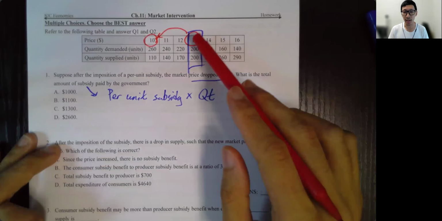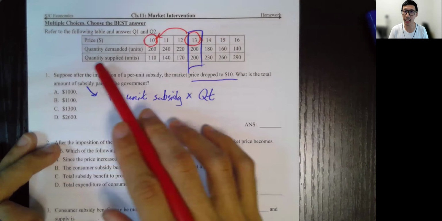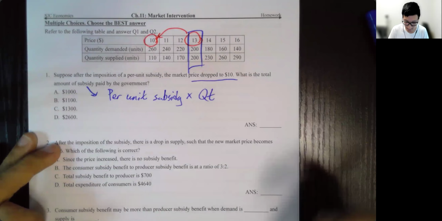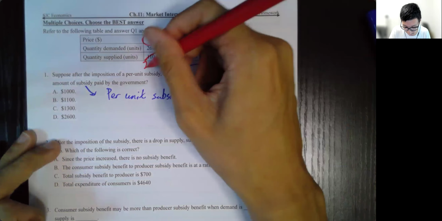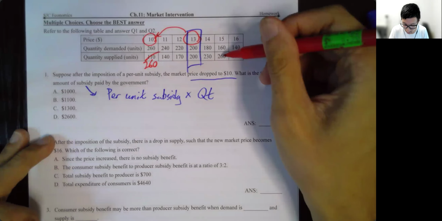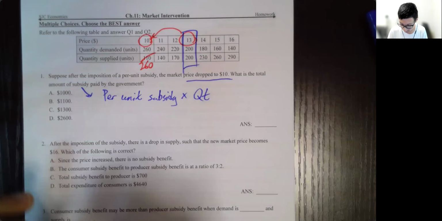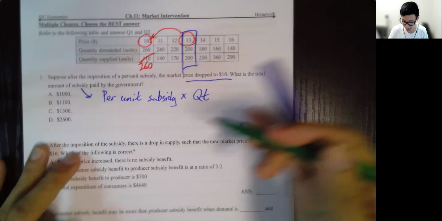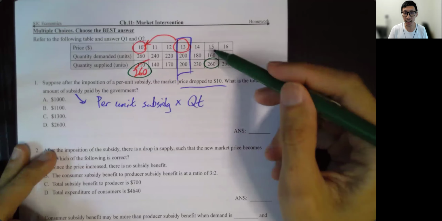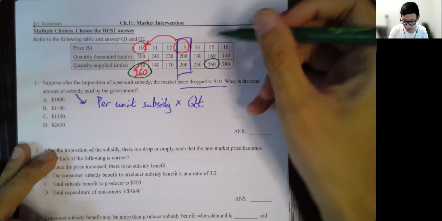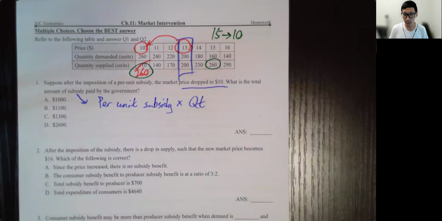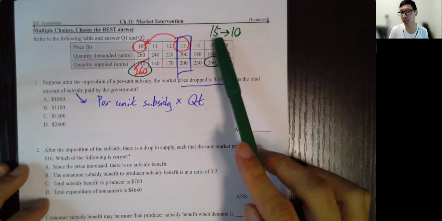Now, if you remember, with a subsidy, it's going to shift the QS column. In fact, this is the supply column. Therefore, we need this to become 260 instead. Then let's check. 260 right here, let's use a green pen. 260 here, 260 here. You see it changes from 15 to $10. So why is it possible?